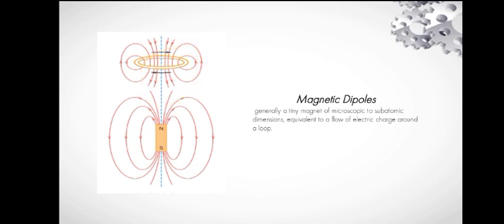So, a magnetic dipole is a magnetic north pole and a magnetic south pole, separated by a small distance. Magnetic dipole moments have dimensions of current times area or energy divided by magnetic flux density.